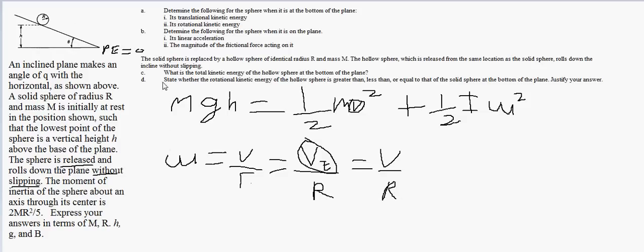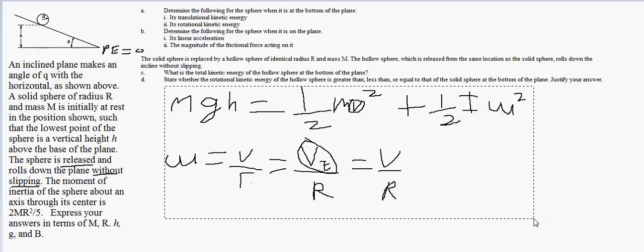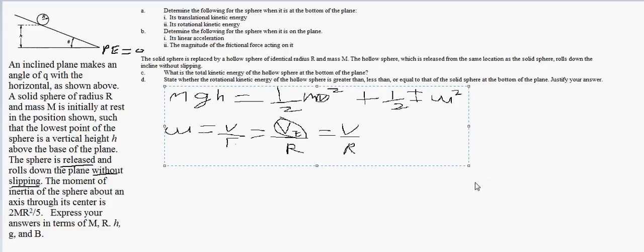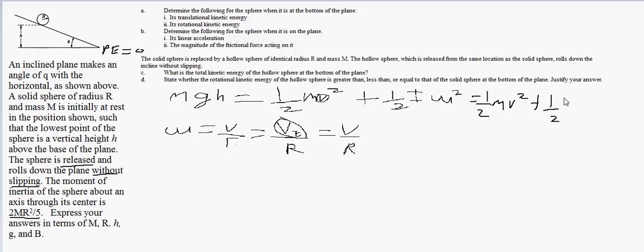Alright, let me take everything here, shrink it down. So we can say that mgh is 1/2 mv squared plus 1/2 times I, and we know that I is 2mr squared over 5, and we know that omega squared is v squared over r squared.